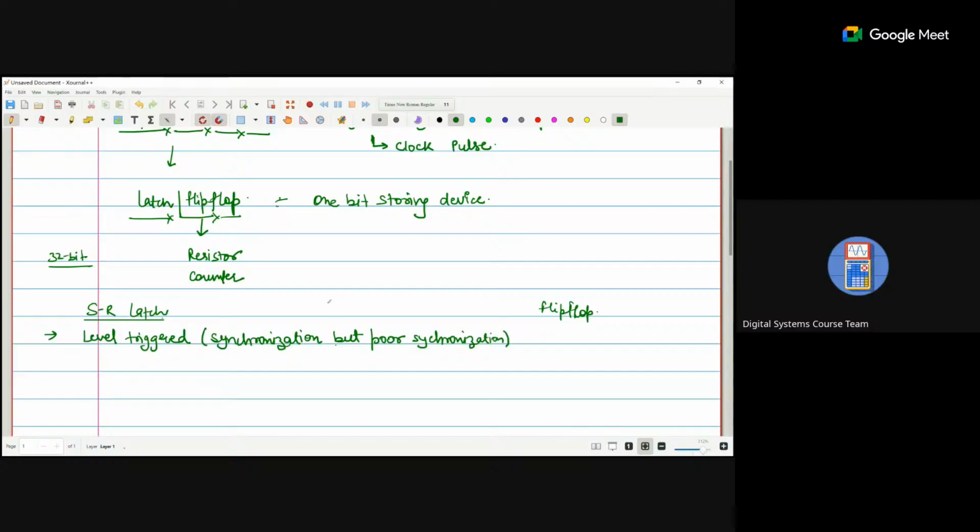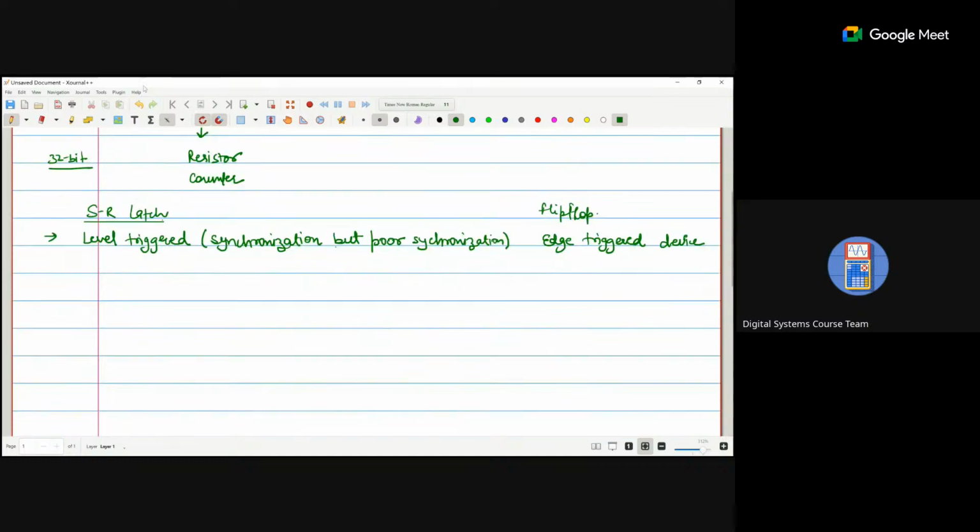Flip flop is the edge triggered device. So in a level triggered device, synchronization is possible, but it is poor synchronization.